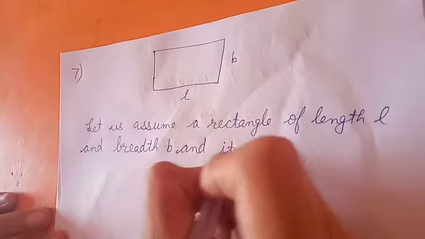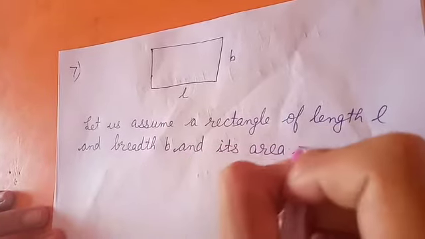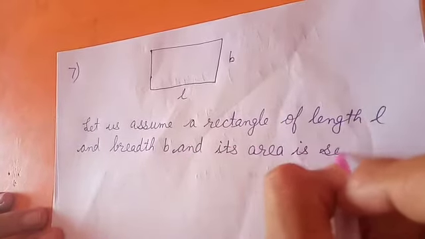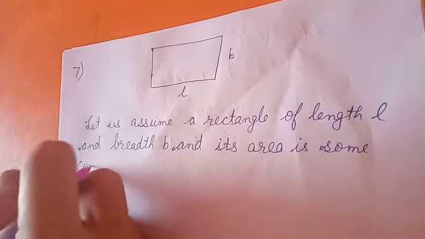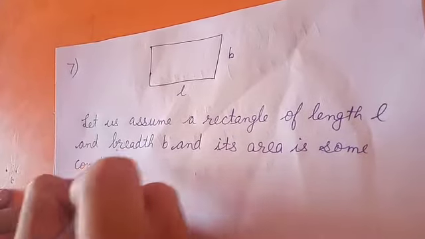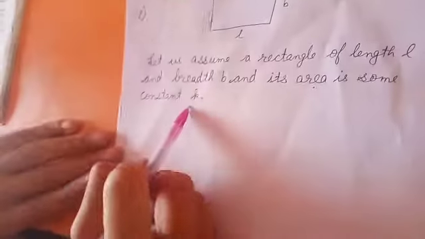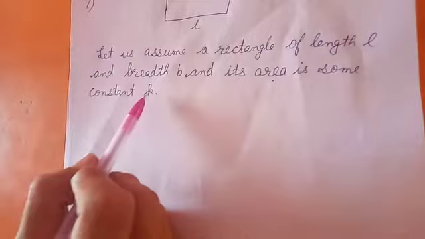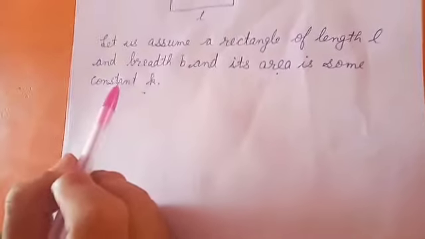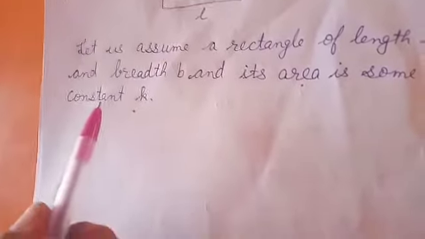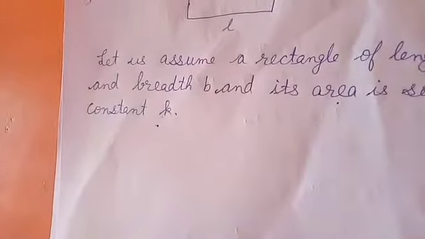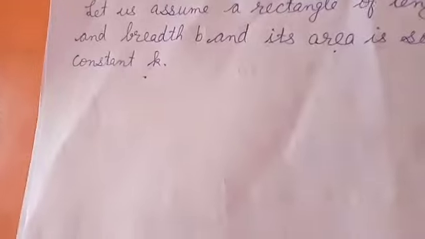and its area is some constant K. Why we are assuming its area a constant K? Because they have clearly said in the question, show that among the rectangles of given area, means the area of the rectangle is given already. Okay, so what we can write?